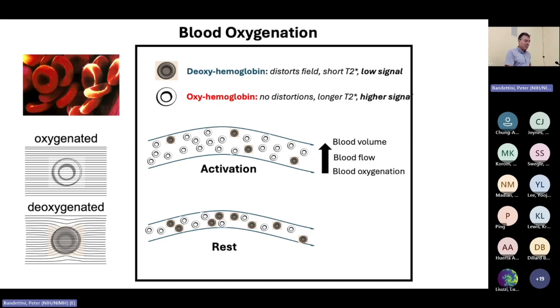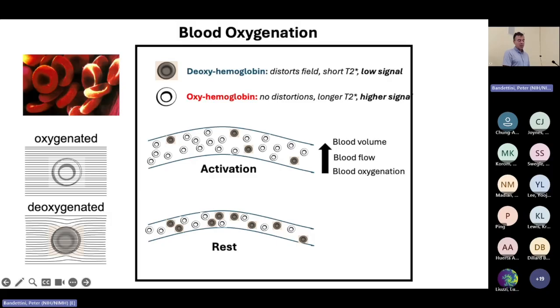It sort of blends in. If it's deoxygenated, it has free electrons that attract the field. The individual iron molecules become paramagnetic, but the red blood cell is less diamagnetic than the rest of tissue. So it's diamagnetic, but it's less diamagnetic. So it distorts the field.